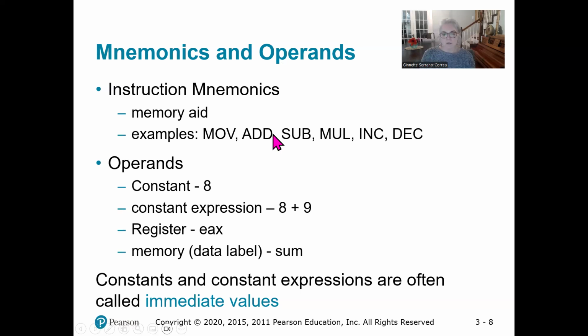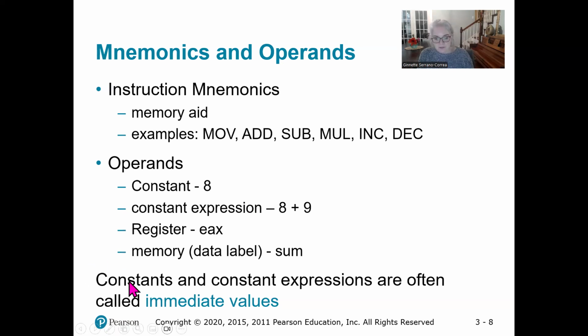Remember, a move has two operands. So I said move 5 to EAX or move 10 to EAX. So your operands can be constants like a 5 or a 10, an expression like 8 plus 9, it can be a register, or it can be a data label. And a data label is like a variable in a high-level language.